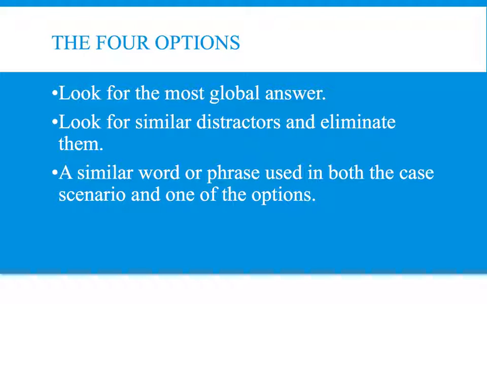Look for a similar word or phrase used in both the case scenario and one of the options. We'll go over a few examples of this, basically looking at that question and answering what it's asking you, and not making up anything in this scenario. You're answering what the question is telling you and what it's asking you, and there might be similar words or phrases that you can identify to help you pick out the most correct answer.